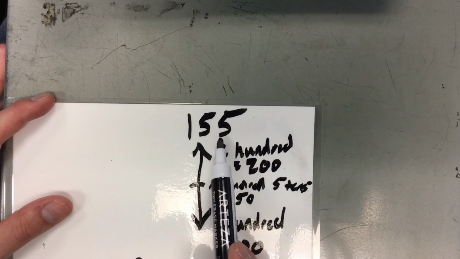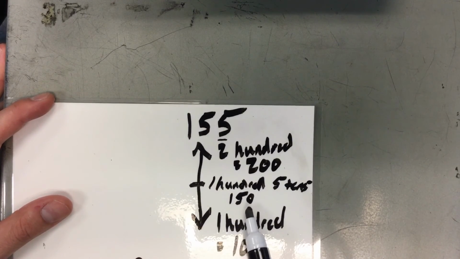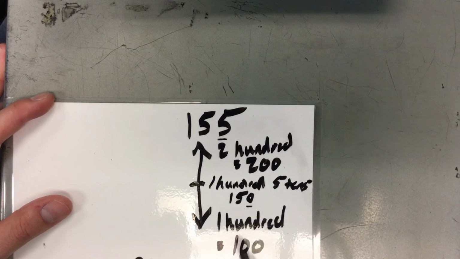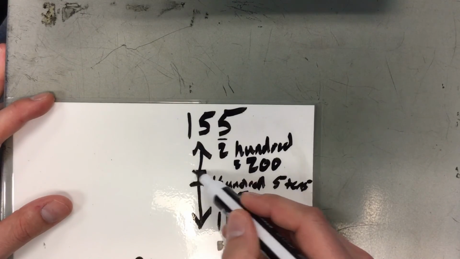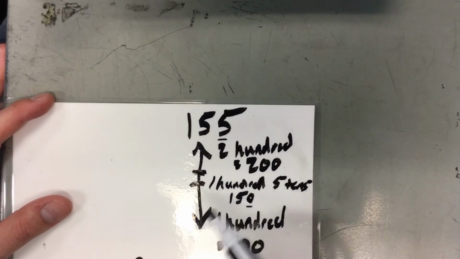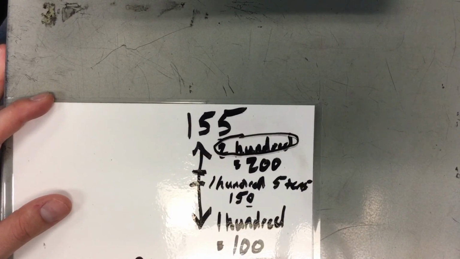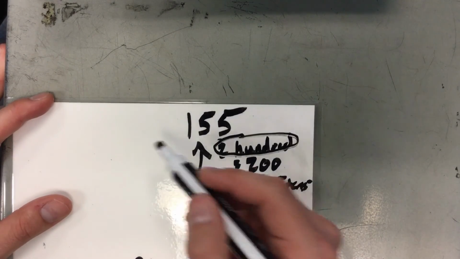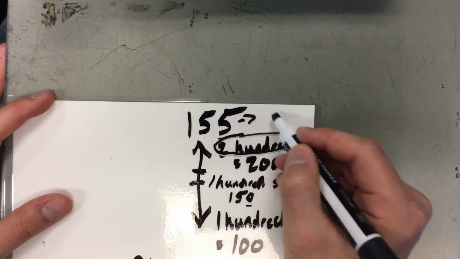So I can see that in 155, I have 5 ones. In 105 tens, I have 0 ones. So this number is just a little bit bigger, and we're going to say it's about right here. So that's going to be closer to 200. So if I'm rounding 155 to the nearest hundred, it would become 200.